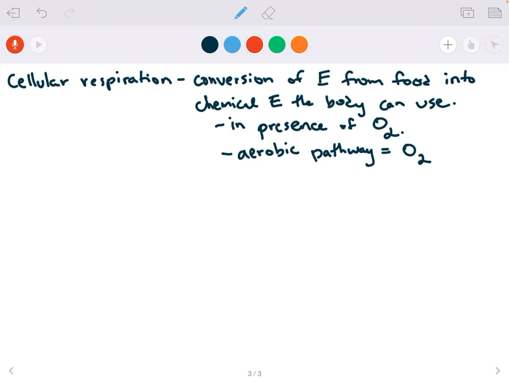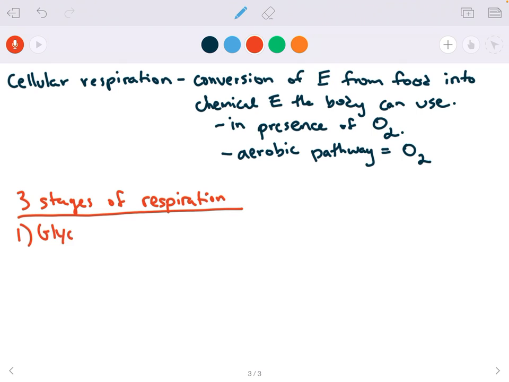Now, respiration overall has 3 stages. Today we're going to do stage 1 and 2, and then next time we'll go over the 3rd stage. So stage 1 is glycolysis. It means splitting sugar.